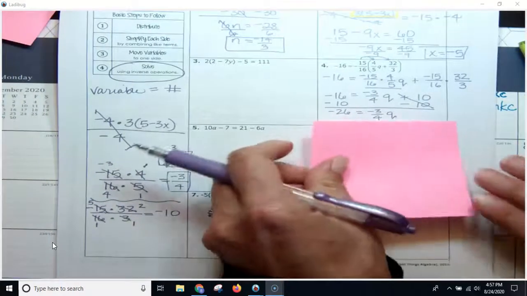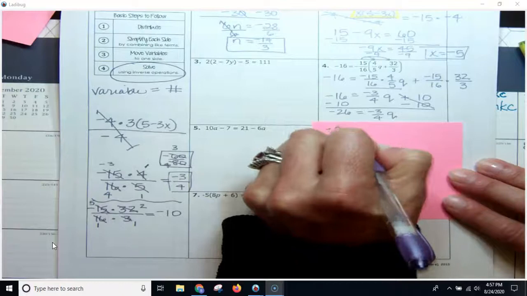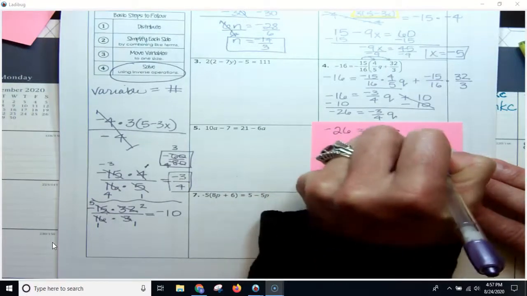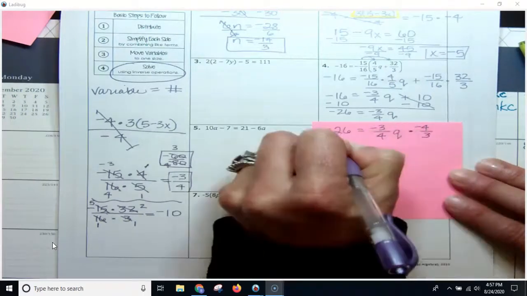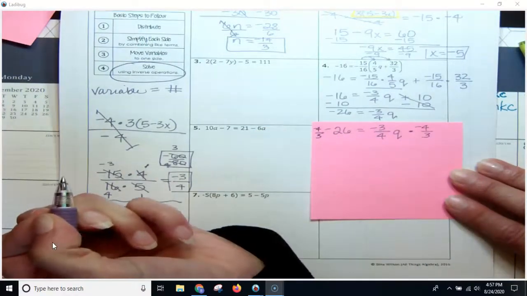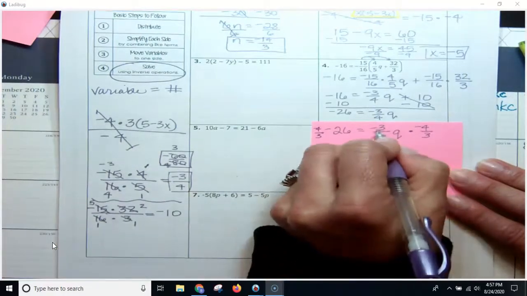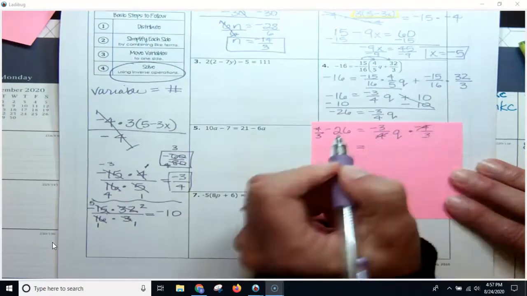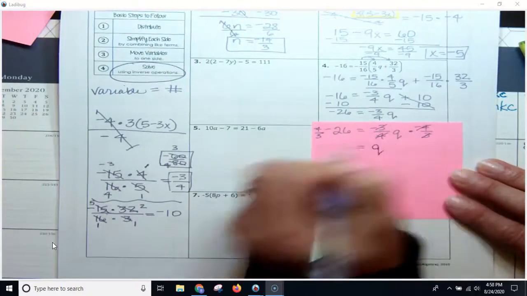I can multiply by my denominator and then divide by my numerator, or I can multiply by the reciprocal, which is negative 4 over 3. You can do this in 2 steps or you can do this in 1 step. Either way is fine with me. So I'm going to get negative 3 times negative 4. Again, I can just cross divide, and I'm going to get 1q.